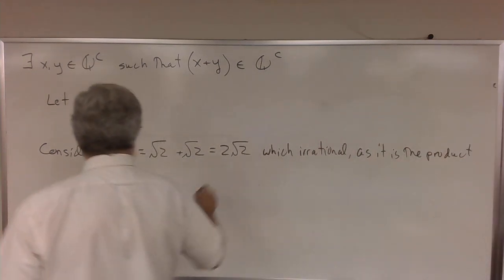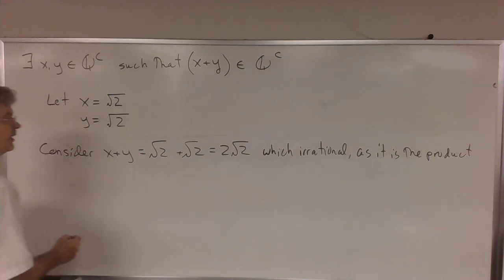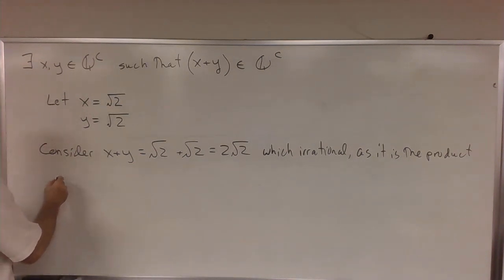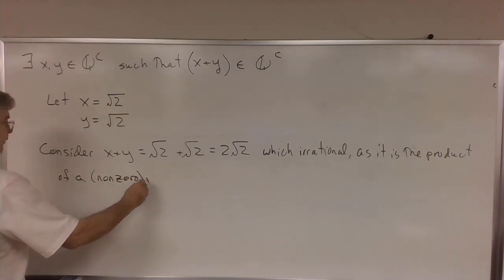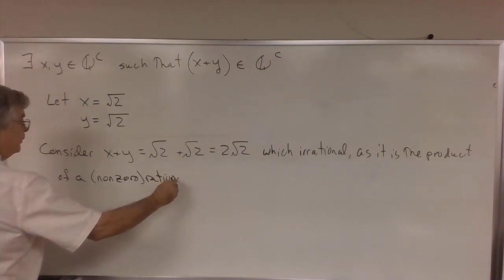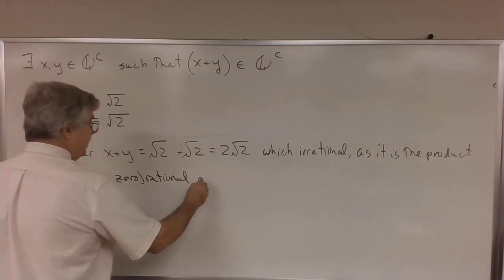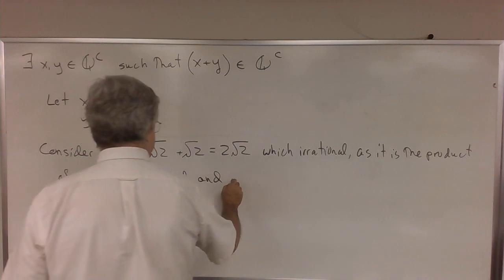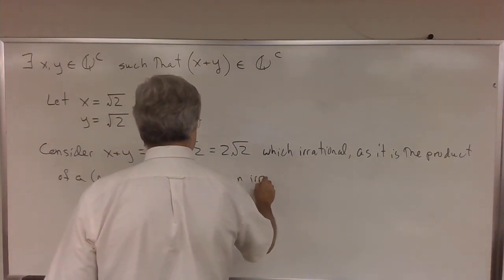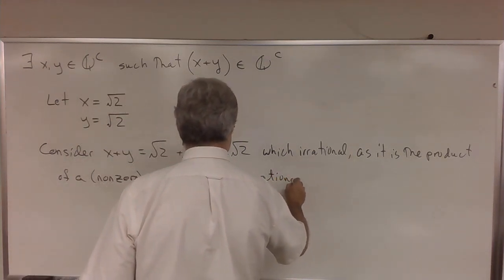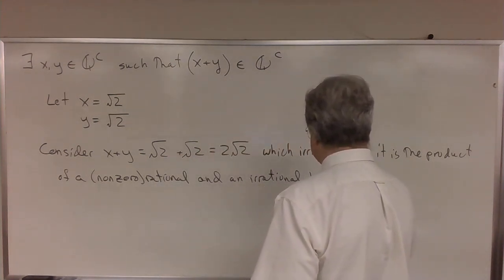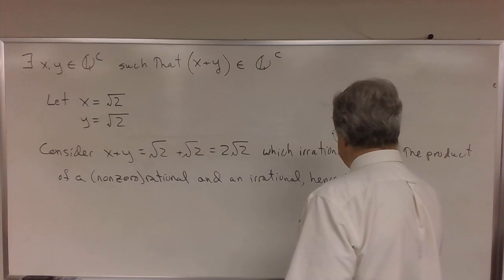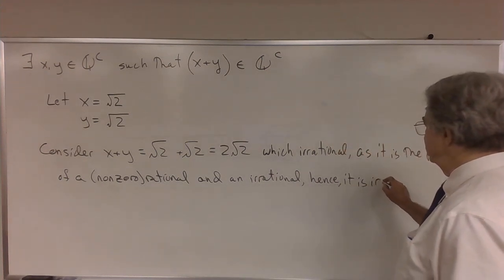This is irrational, as it is the product of a non-zero rational and an irrational. Hence, it is irrational.